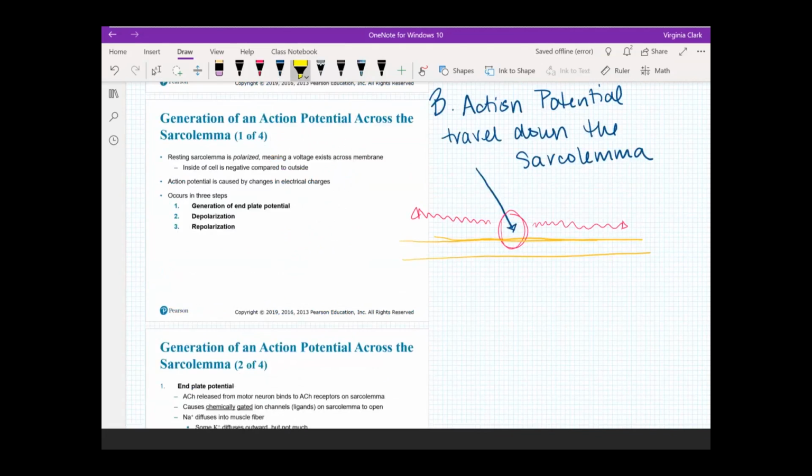So the resting sarcolemma is polarized, meaning there is a voltage across the membrane. So the inside is negative compared to the outside. We know this to be true because this is what we talked about in chapter 3. The inside is negative compared to the outside.